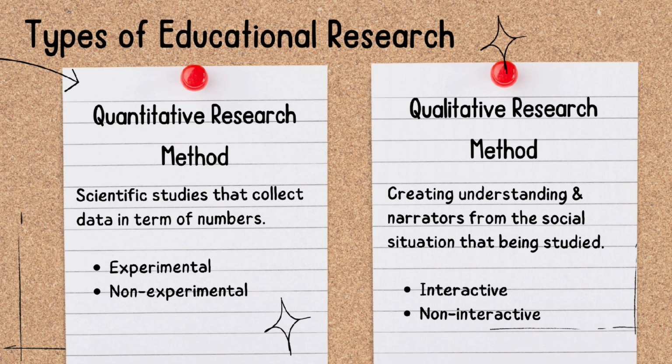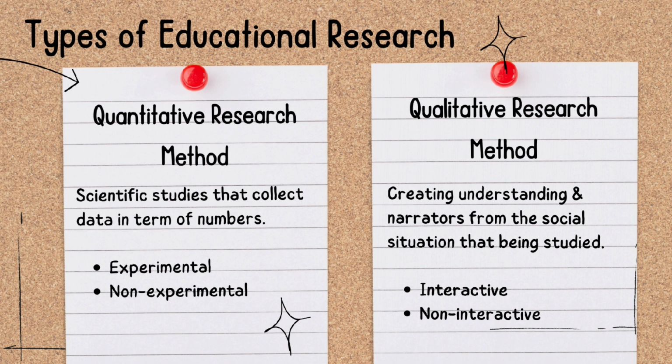Okay, next, there are two types of educational research. The first one is the quantitative research method. It consists of scientific studies that collect data in terms of numbers. There are experimental and non-experimental.